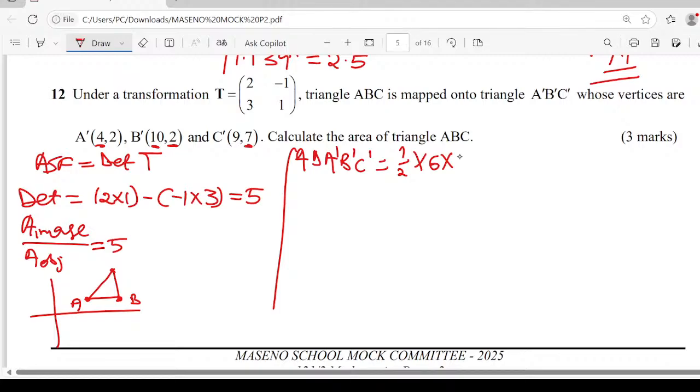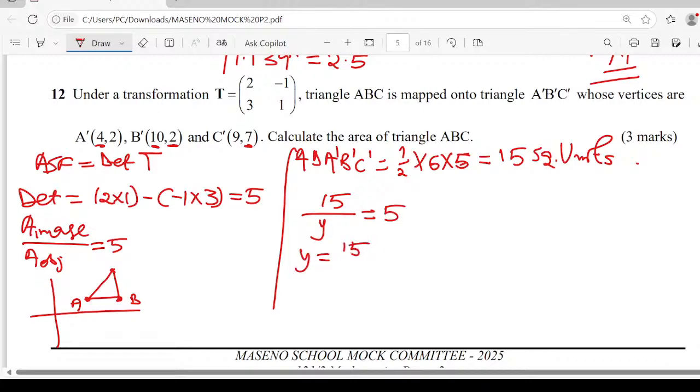So 2 minus 7 is 5. When you multiply this, I'm going to get my answer as 15 square units. So this one is the area of the image. So the area of the image, which is now 15, over the area of the object, call it y, should give me 5. Then it will mean that y is equal to 15 over 5, which will be 3 square units.